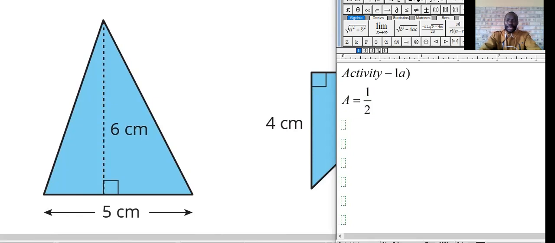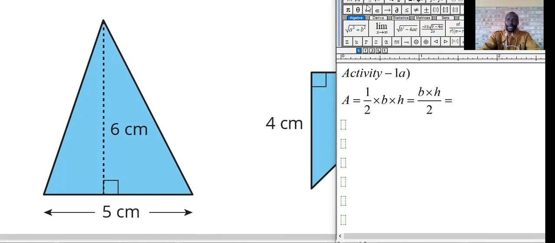So we say this is half times b, where b is the base, times h, where h is the height. It's okay to write it as b times h divided by 2, for the base and the height. It's perfectly fine to write it this way. In fact, I prefer it this way because it makes the calculation a lot easier to deal with.